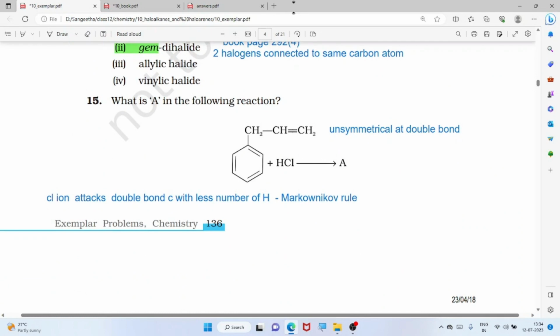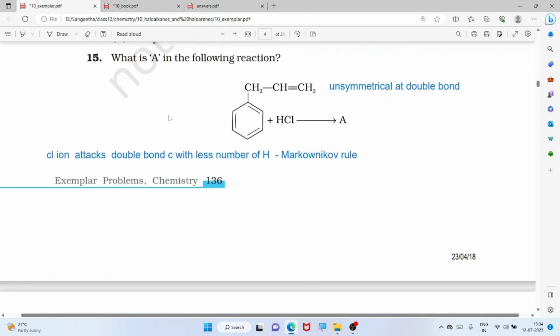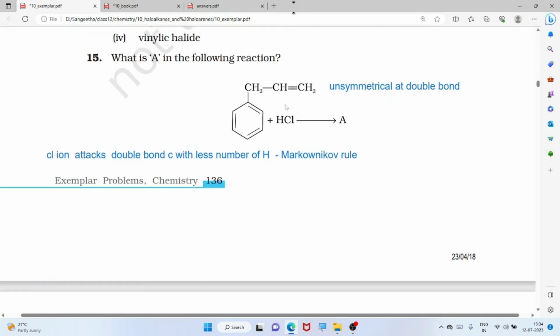What is A in the following reaction? This is asymmetrical about the double bond. So when HCl is added, which side will it attack? This is given by the Markovnikov rule. Which side has the less number of hydrogen atoms connected to the carbon?